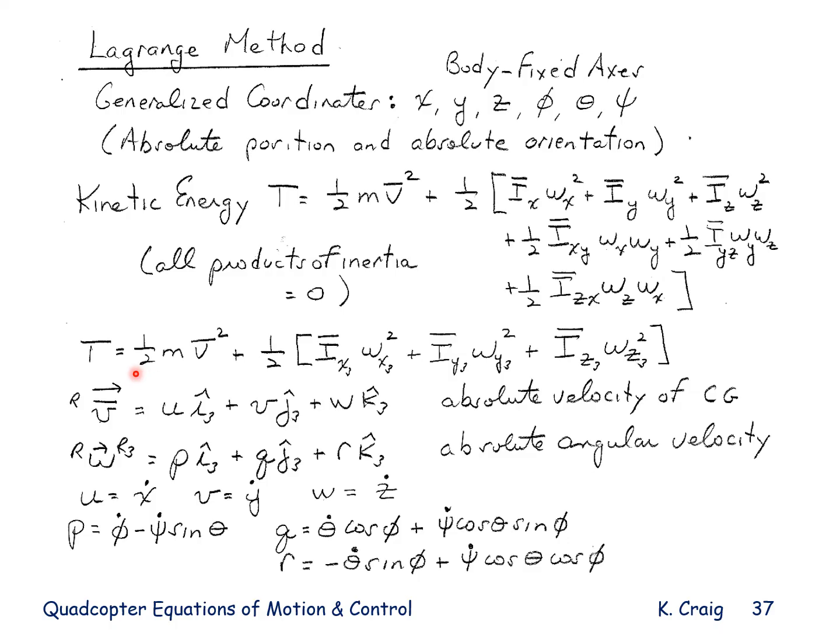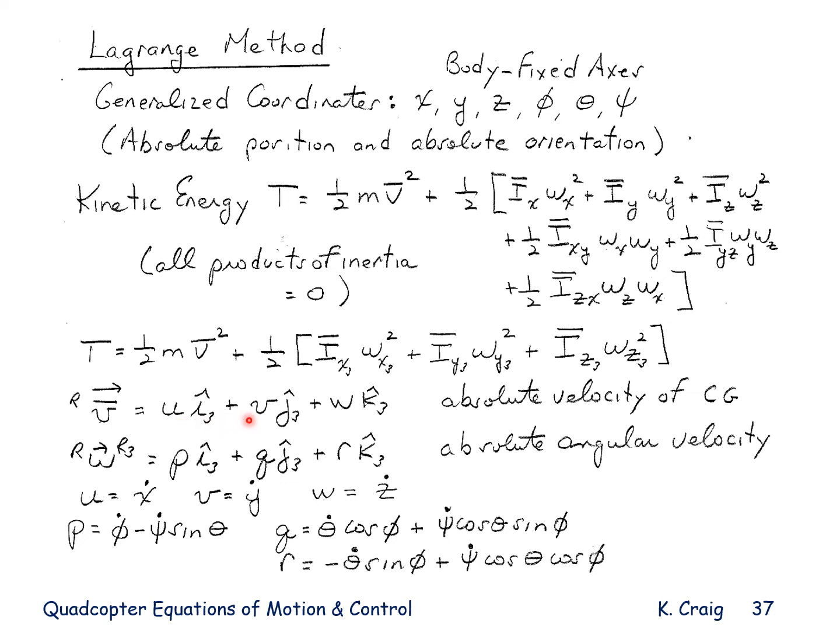So the expression for the kinetic energy is given by this expression, with all of the products of inertia equal to 0. What is V bar? V bar, the vector equation, is given by this expression in terms of the unit vectors of the body fixed coordinate system.